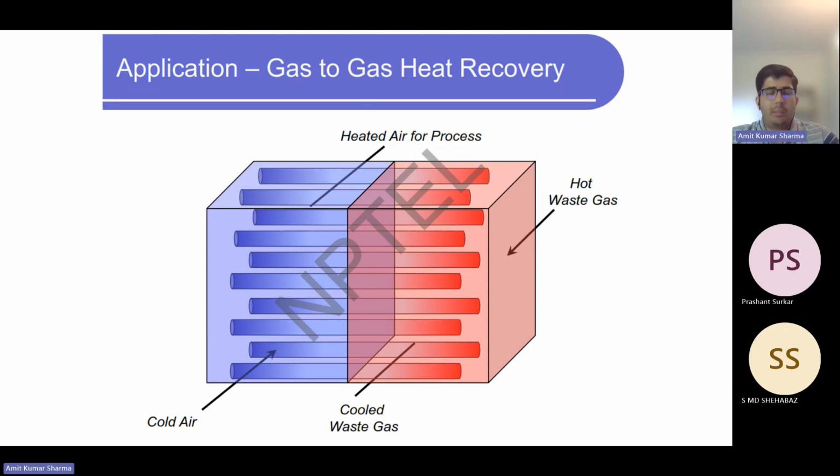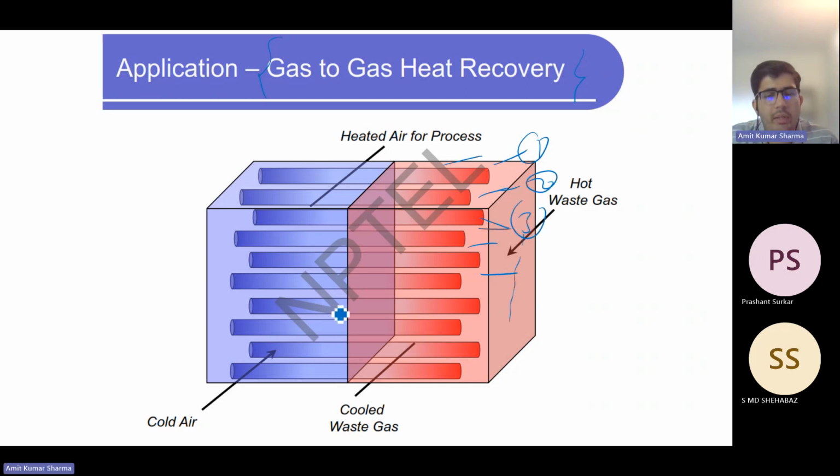So what are the best applications for the heat pipes? The best application for the heat pipes is gas to gas heat recovery. It's very easy for gas to gas heat recovery. Here you can see multiple heat pipes installed, like 1, 2, 3, and so on.